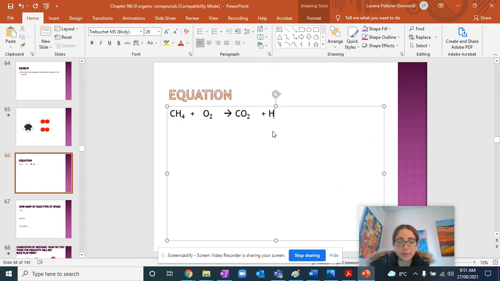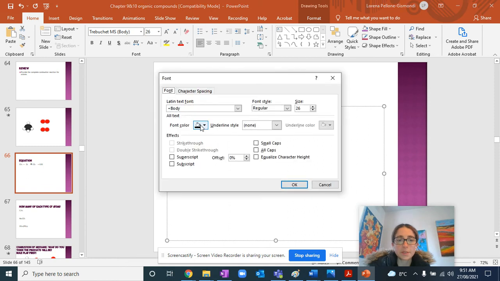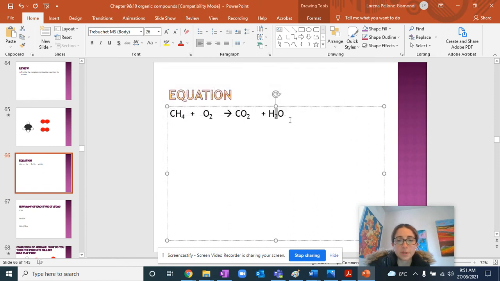So plus H2O. And basically what we've got here is the reactants and products.